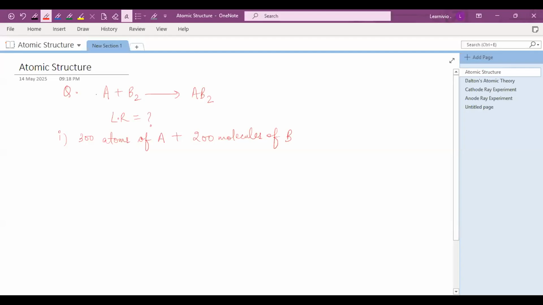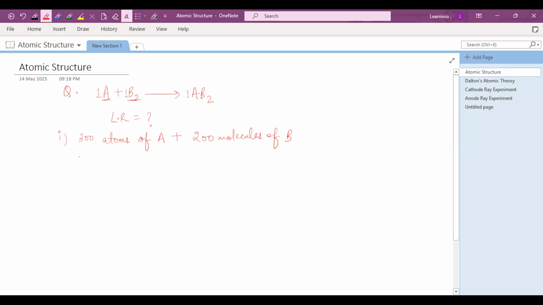So here you can see, what is the coefficient of A? 1. Coefficient of B is also 1. And here the coefficient is 1, right? So we can say that one atom of A. You can see here only the A atom is there, but what is B? B is a molecule, B2, which is a molecule over here, right?